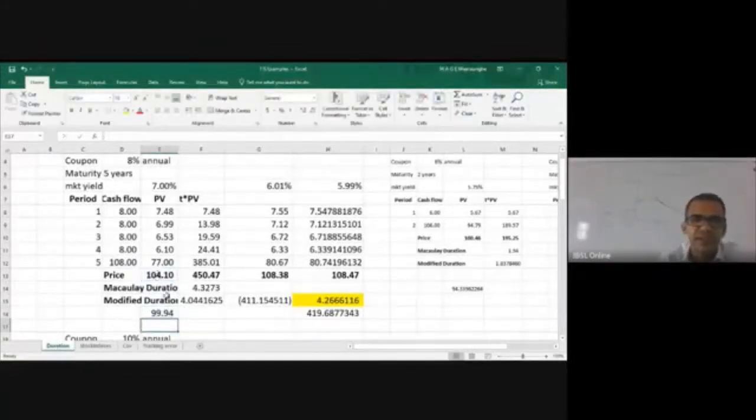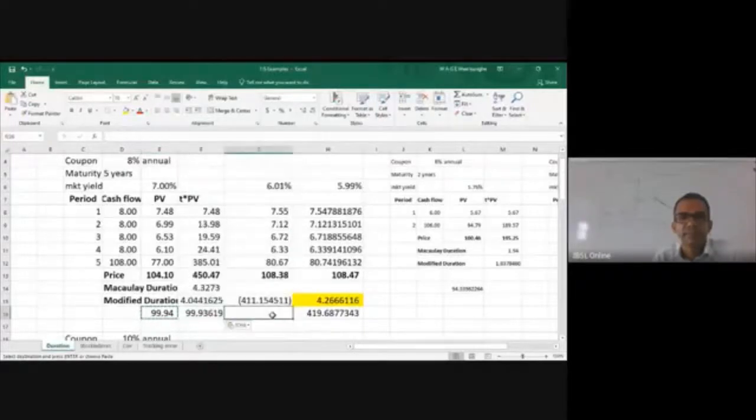So we expect that if the interest rate increases by 1%, the price will decrease by 4%.